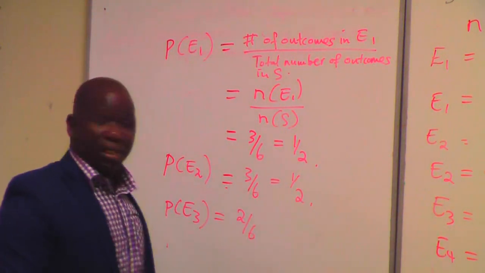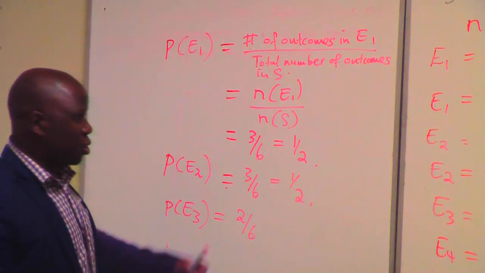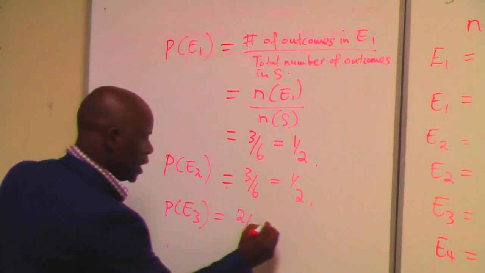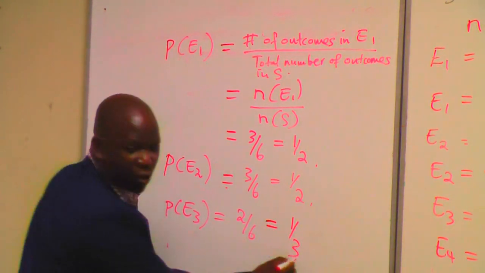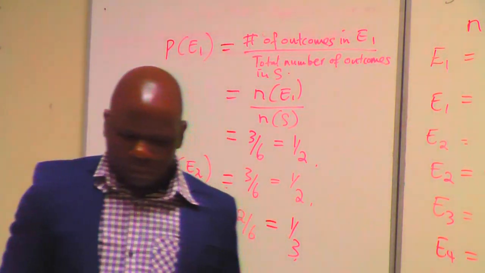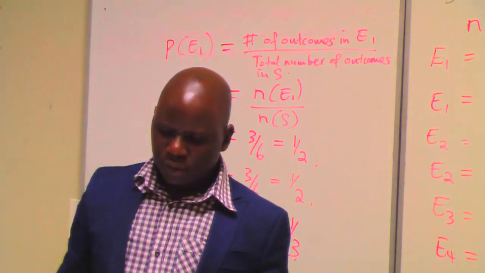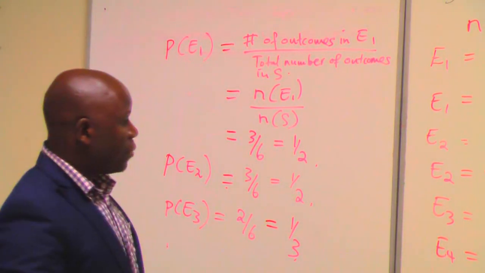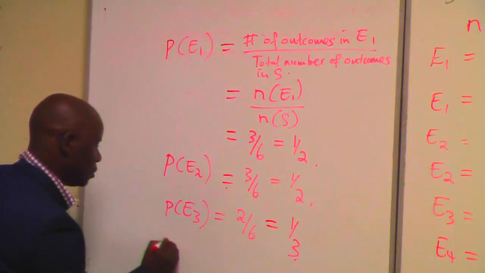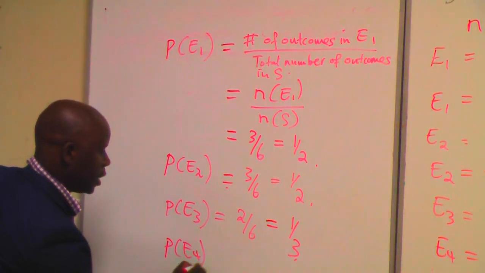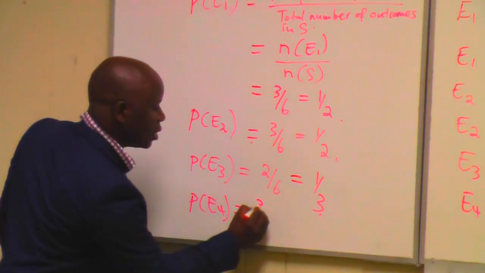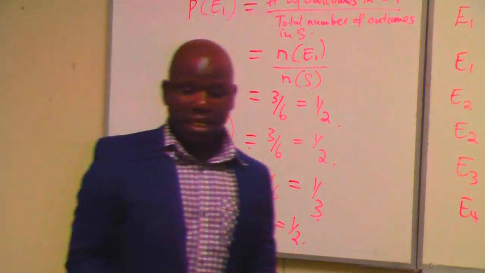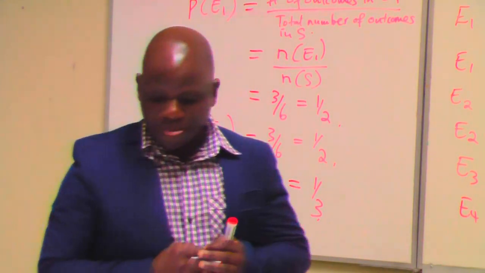We have 2 elements in that particular event, so we divide it by the sample space, and so we will have 1 over 3. Now, what is the probability of E4? E4 is equal to 3 over 6, which is equal to a half. There are interesting things that we are getting here.